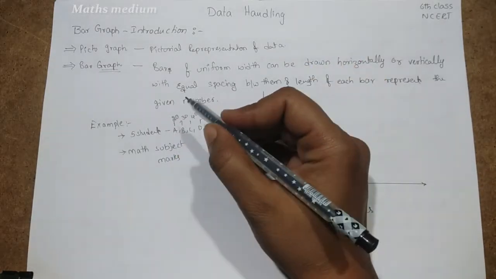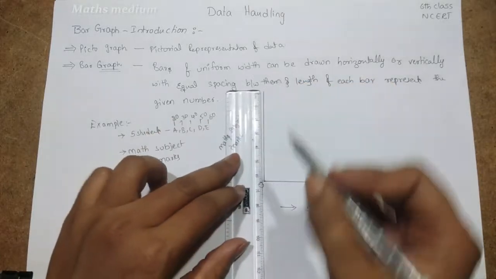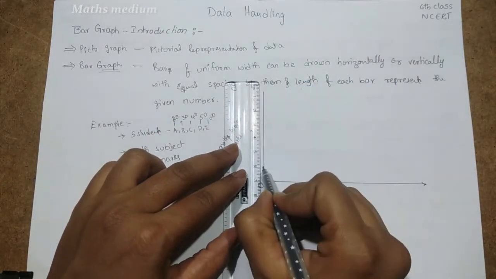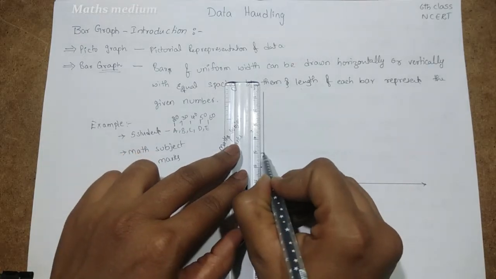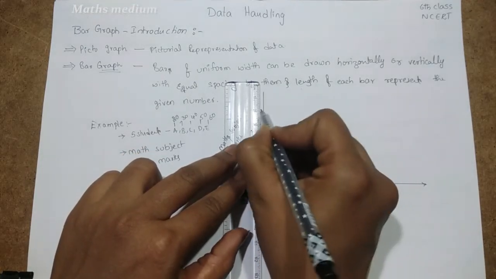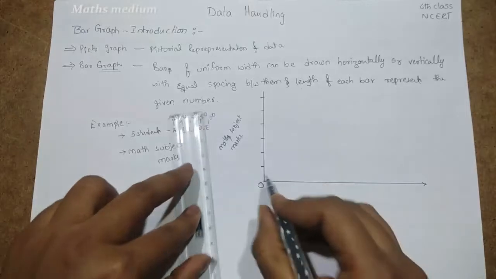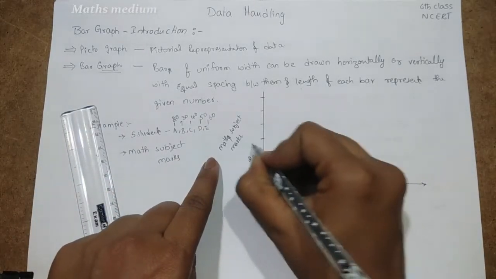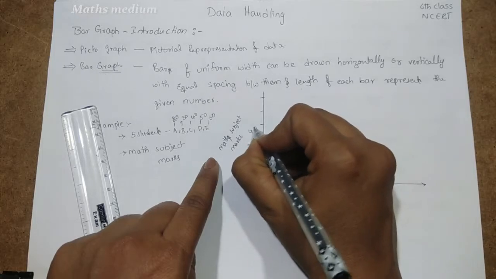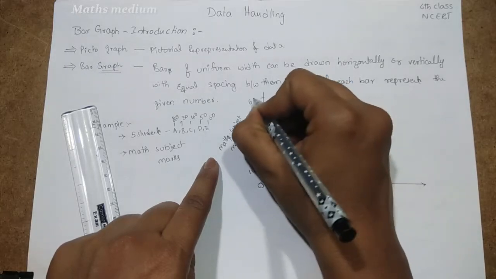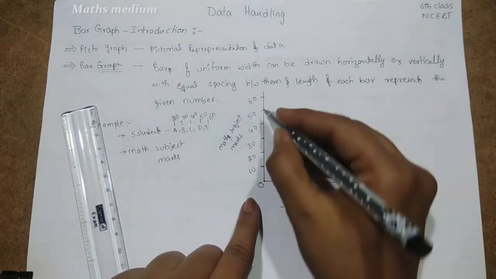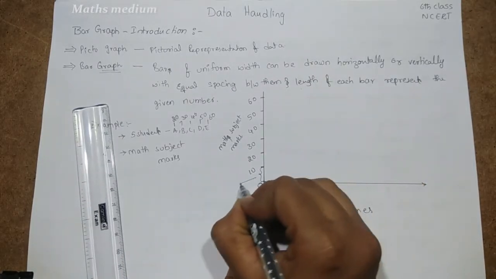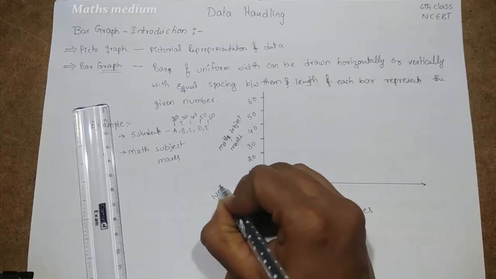So I am taking a scale. This is 0, next this is 10, 20, 30, 40, 50 and 60. Now how are we going to take the scale for each unit? This is called 1 unit.